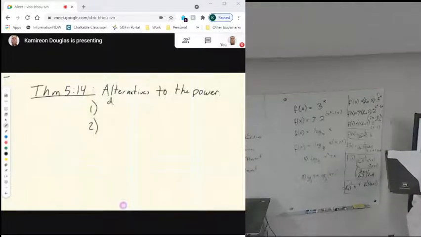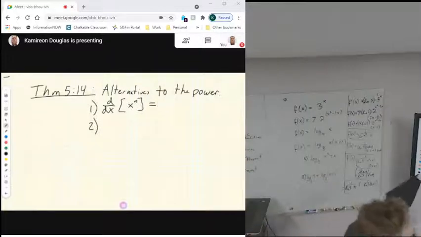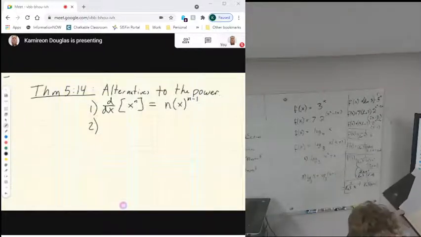First part, if I take the derivative with respect to x of the function x to the n power, this is from way back in chapter 2. The derivative of x to some power, there's a general rule for this, which states that the derivative would be n times x to the n minus 1. Again, that's way back in chapter 2.